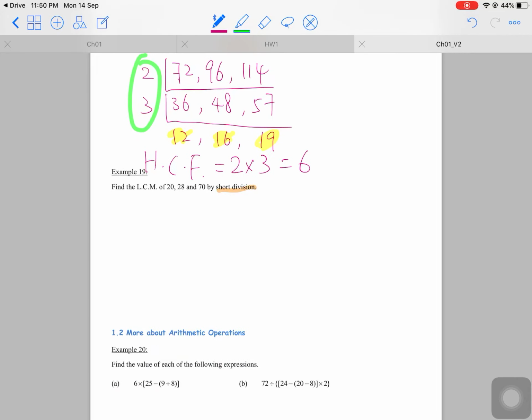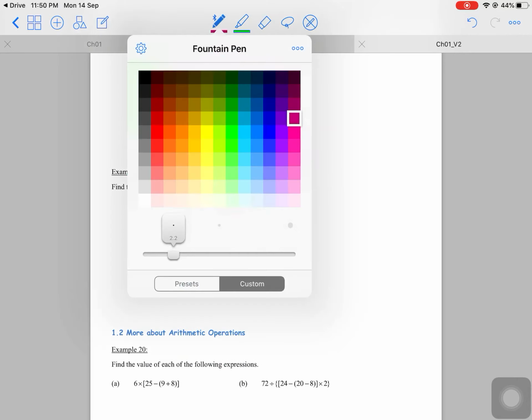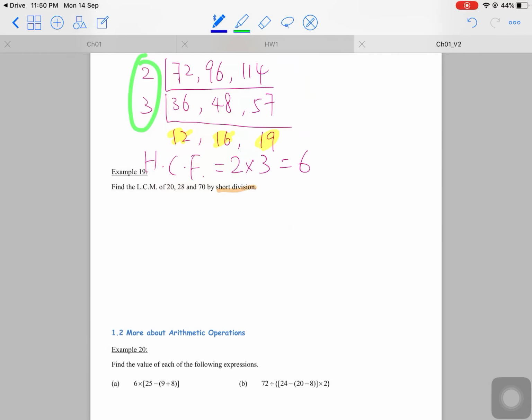For LCM of example 19, use the short division this way. Take out the 2, giving 10, 14, and 35. Among 10, 14, and 35, no more common factor among these three numbers.